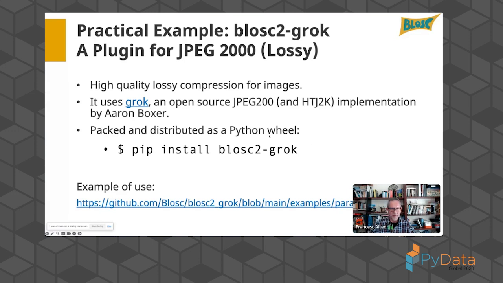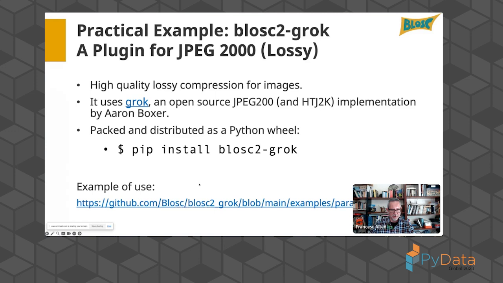As you know, JPEG 2000 is a high quality lossy compression for images. For doing this plugin, we have chosen Grok, which is an open source JPEG 2000 implementation by Aaron Boxer, and you can install it very easily with the binary wheel.